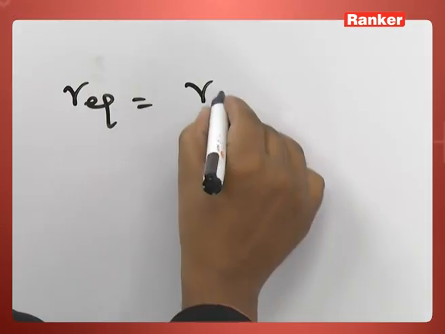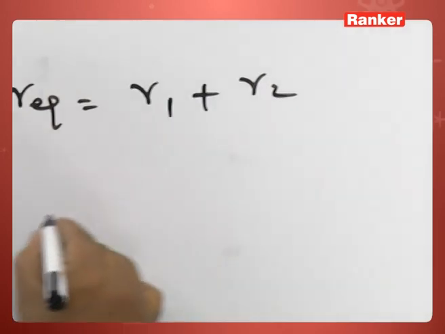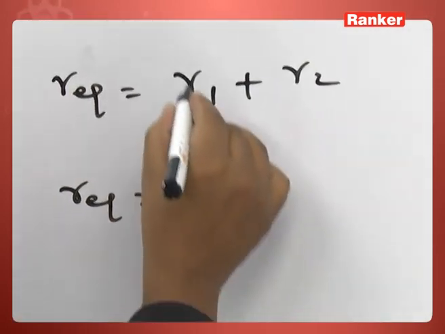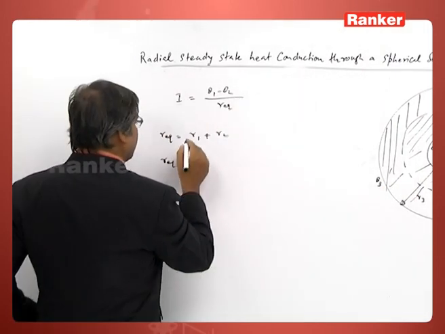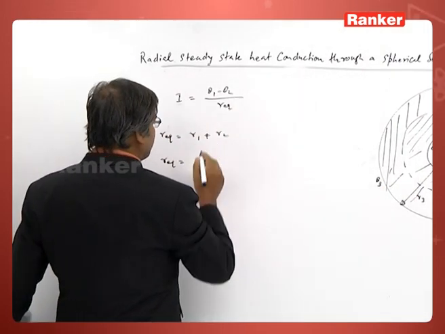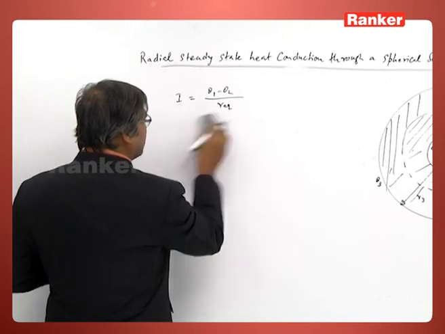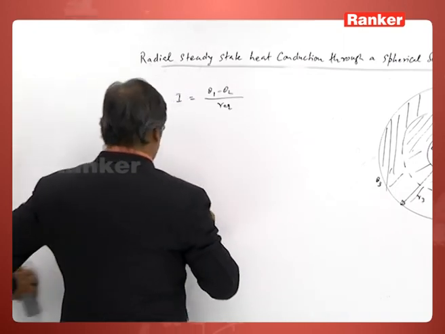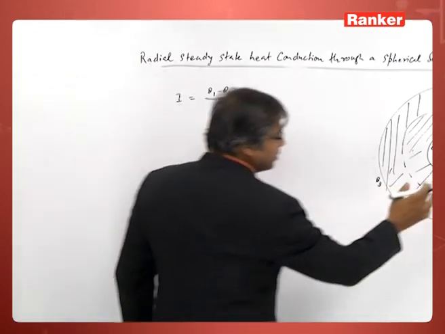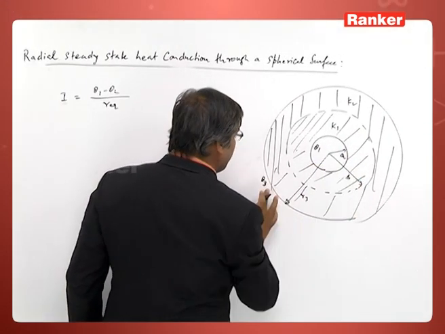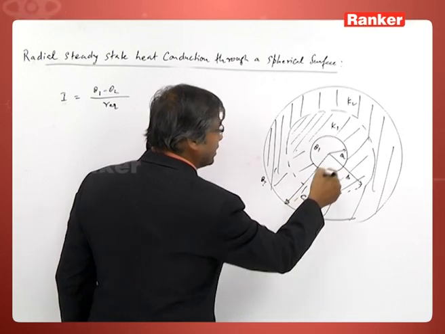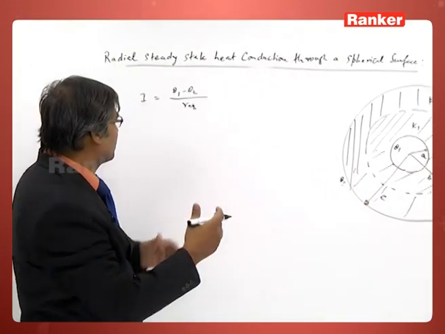For series I have the formula R1 plus R2. Let us write the radii as A, B and C so that they are not confused with the thermal resistances.